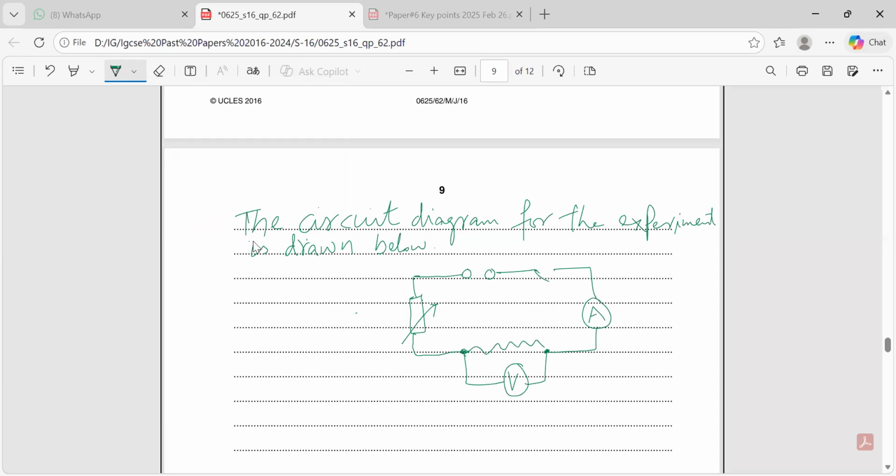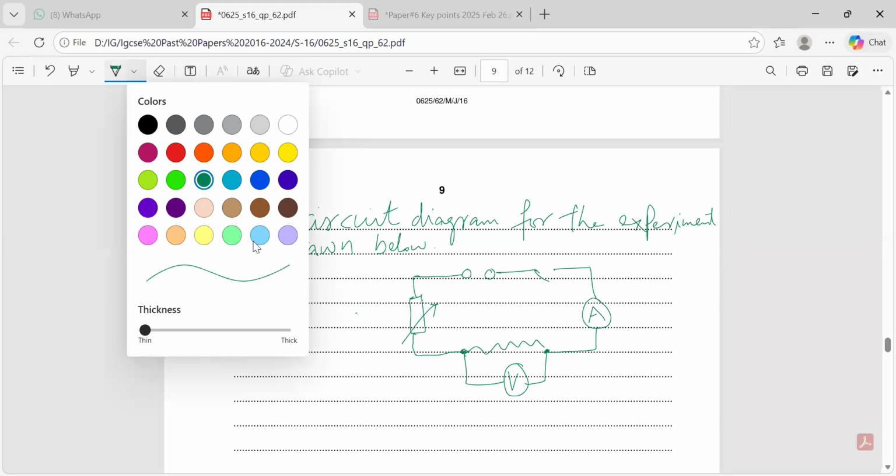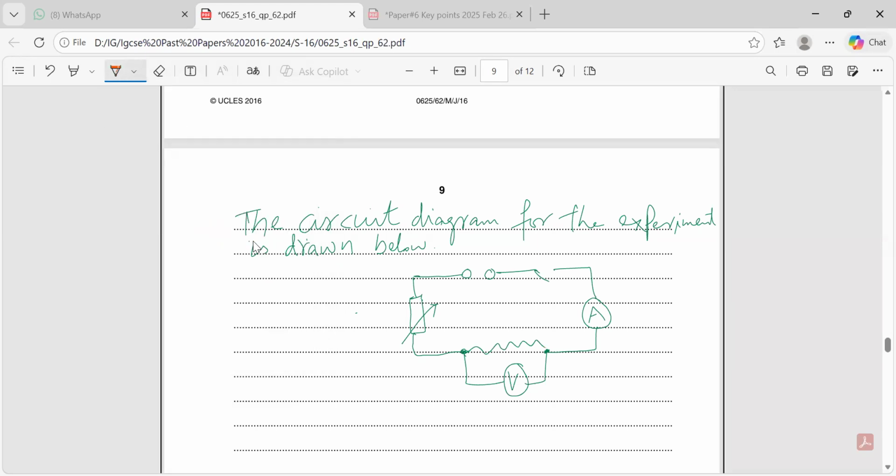Now label the diagram better. This is an ammeter. This is a switch. This is the power supply. Then here is the variable resistor.